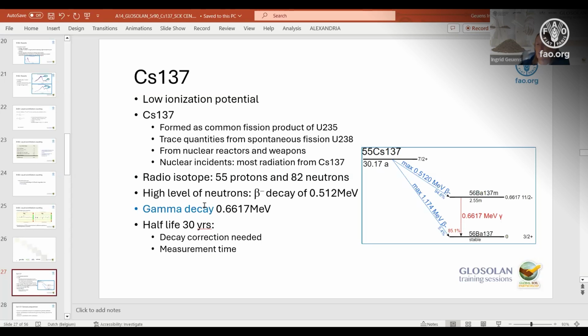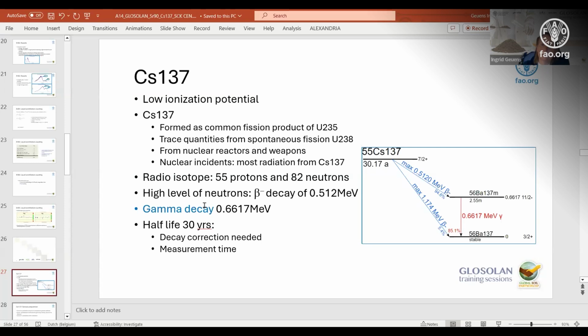Because when the Cesium-137 goes to beta decay, it goes to barium-137m, a metastable state, and that barium-137m gives a gamma ray of 0.6617 mega electron volt, and it's that gamma ray that we will measure, and that is typically coming from the Cesium-137. The half-life is 30 years, so very comparable to our strontium-90 of 29 years.